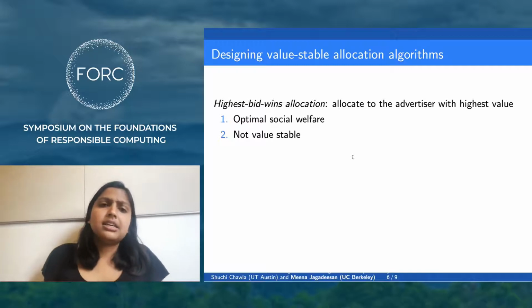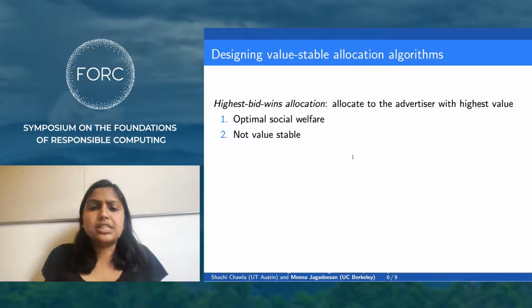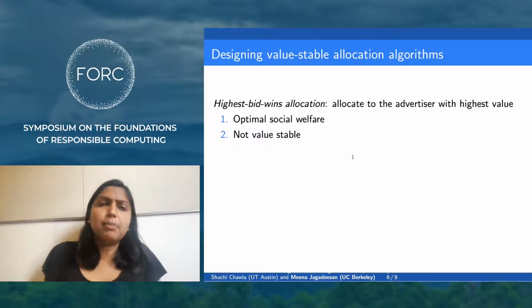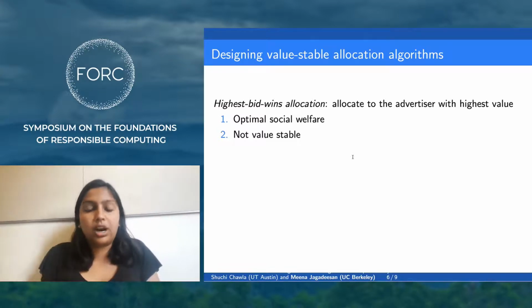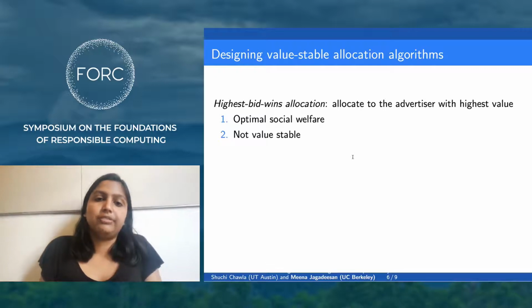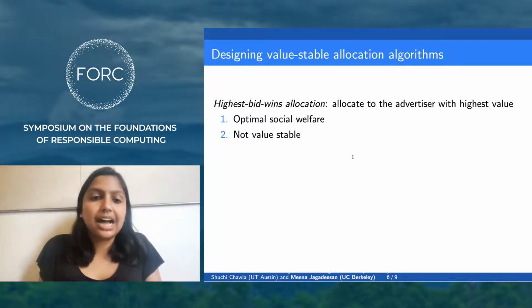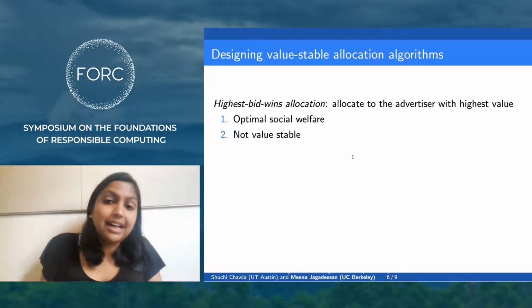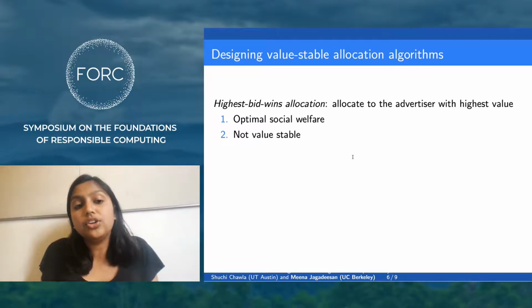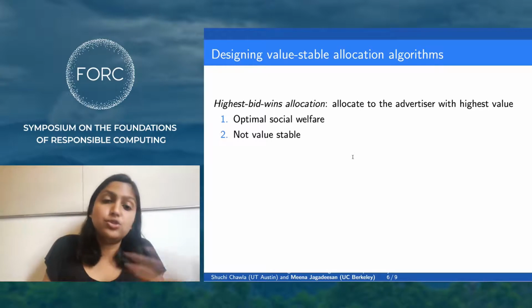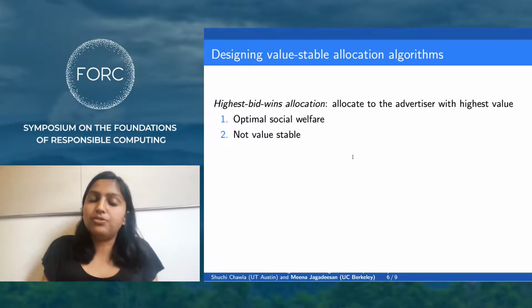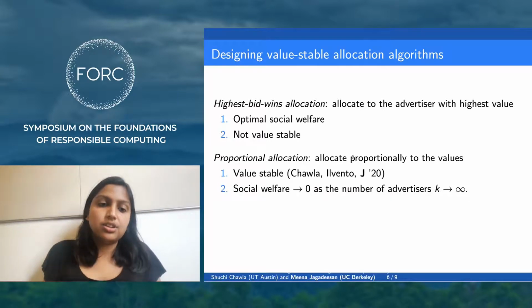Now let's discuss the design of value stable allocation algorithms. We start by describing why existing allocation algorithms are not value stable or have suboptimal social welfare guarantees. Let's start with the highest bid wins allocation rule. This allocates to the advertiser with highest value. This has optimal social welfare, but unfortunately is not value stable since it can exaggerate small fluctuations in values.